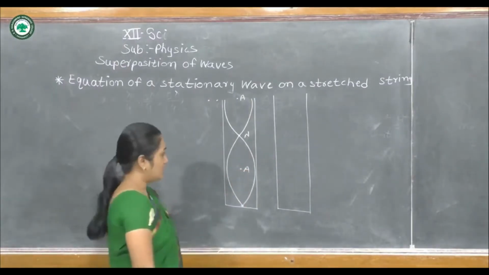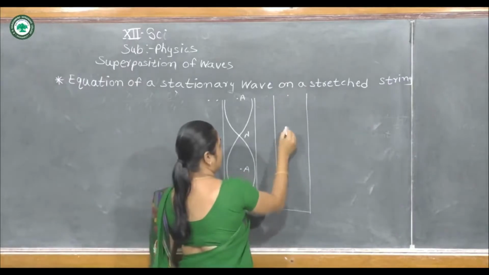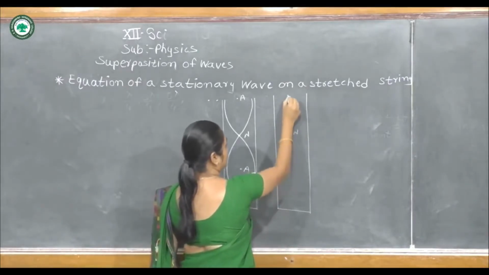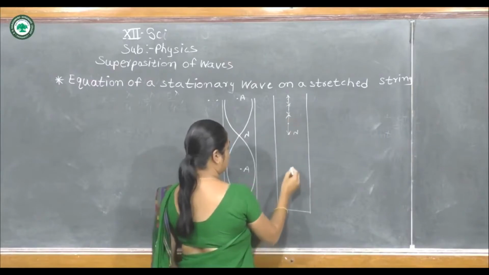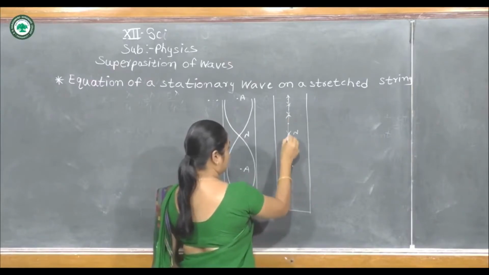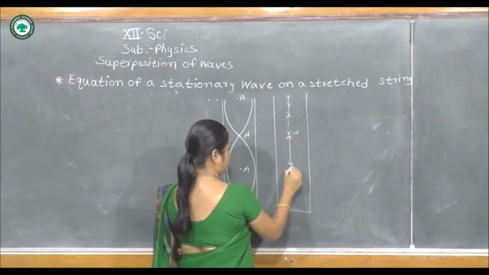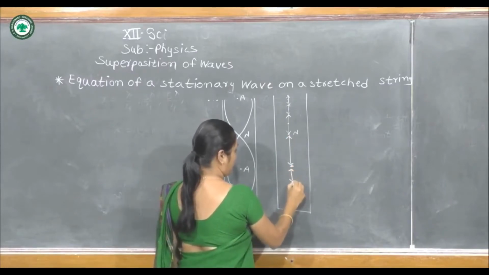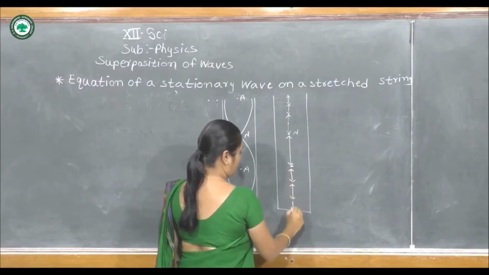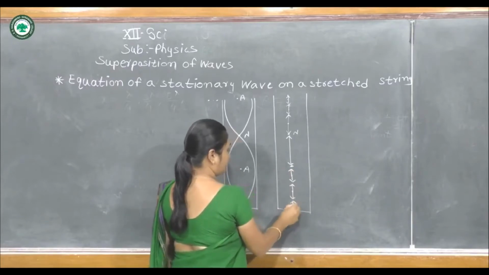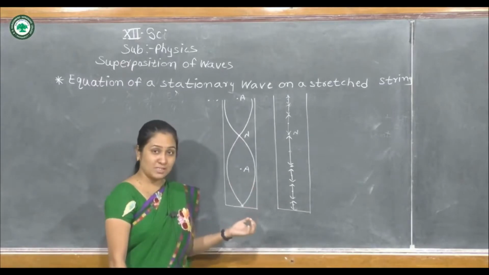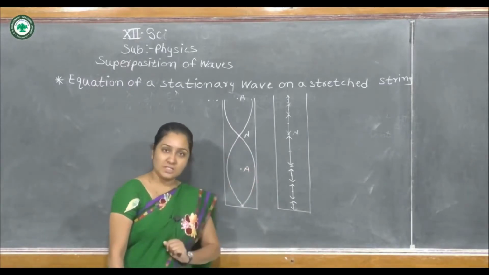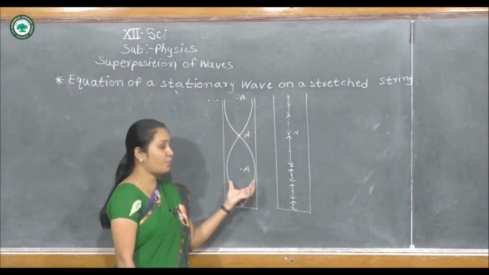These are antinodes. The first diagram shows the sound wave or the stationary wave which is moving through the tube or a pipe.